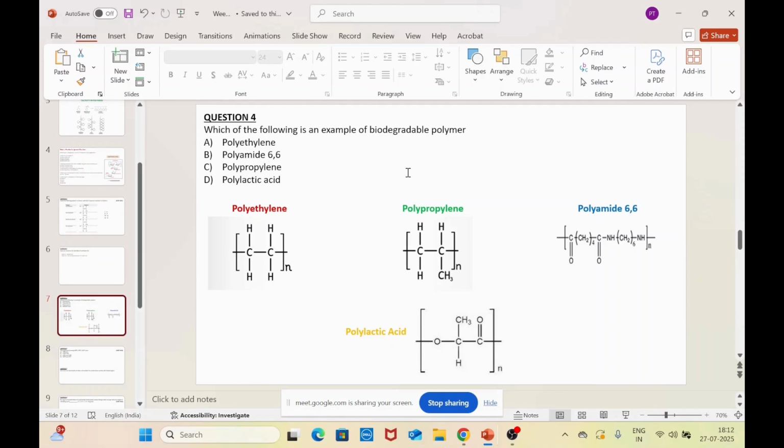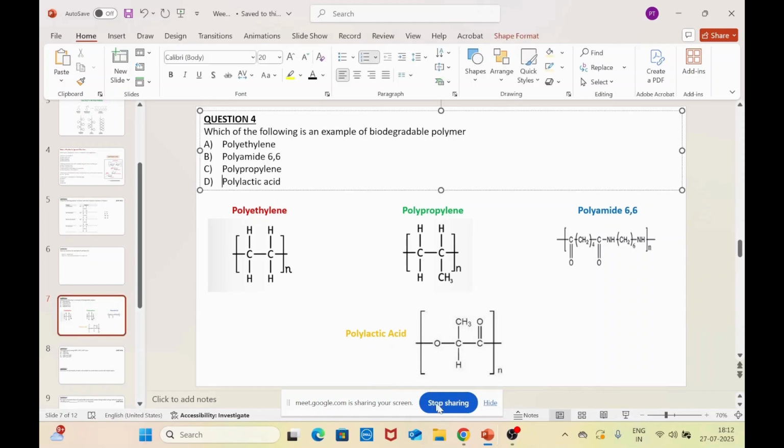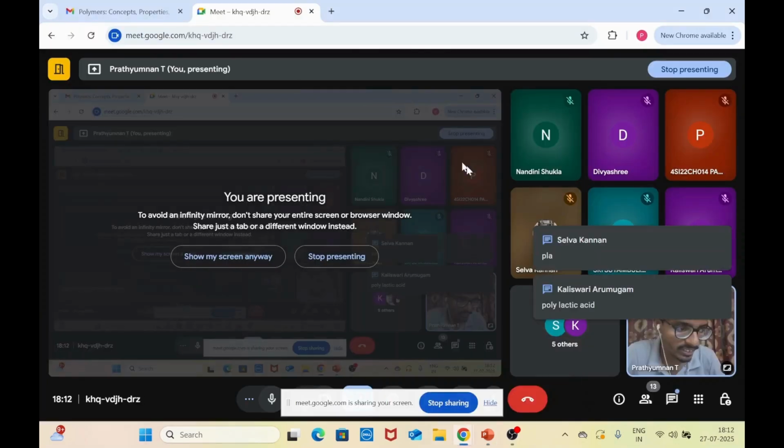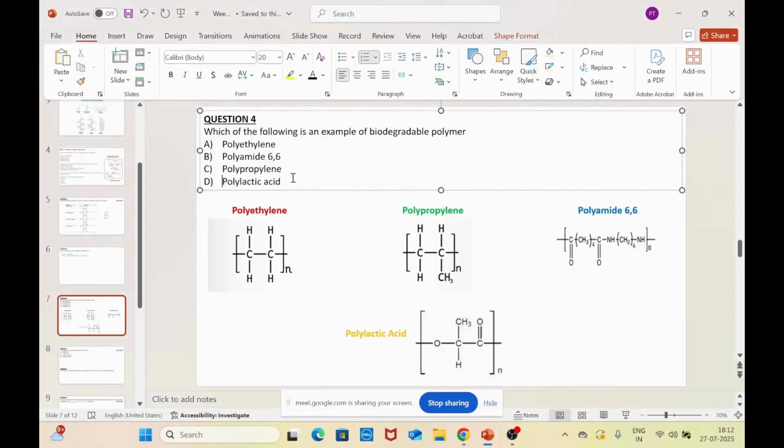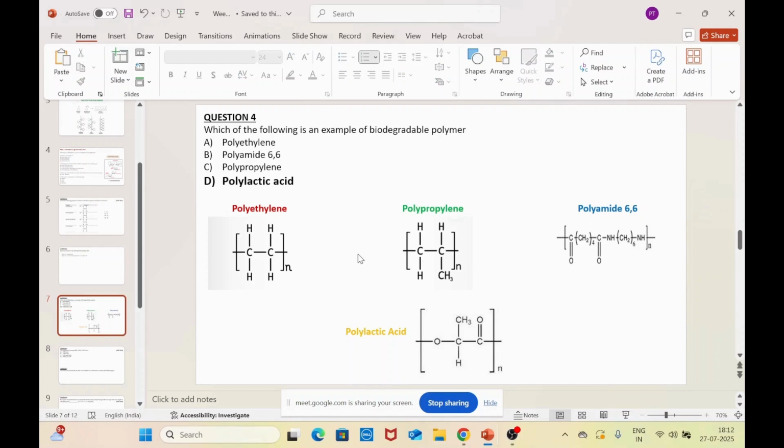The next question is, which of the following is an example of a biodegradable polymer? I hope nobody has any questions related to that. Yeah, polylactic acid, PLA, everyone is fine. So, any specific reason why this polylactic acid is biodegradable, but others are non-biodegradable?